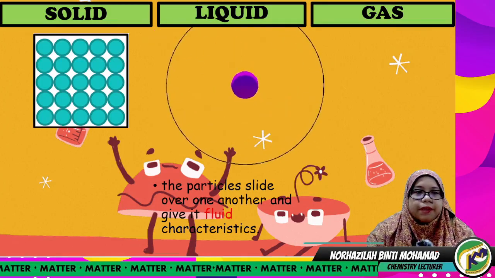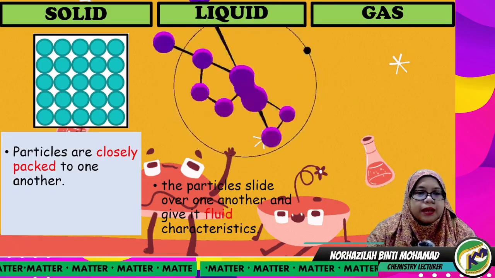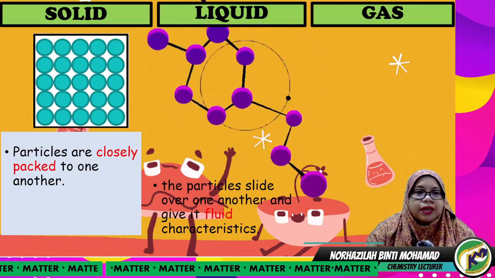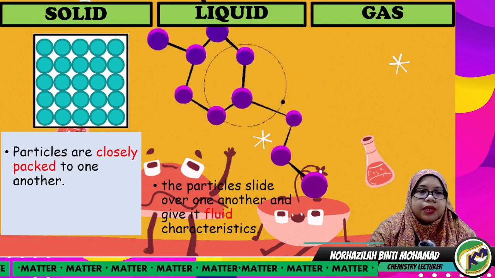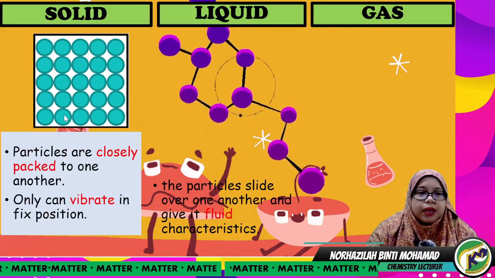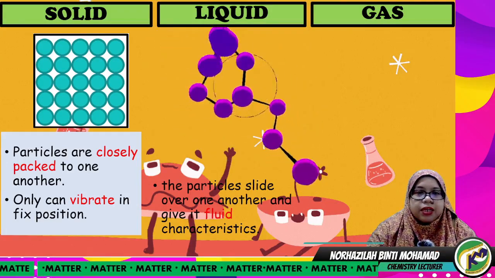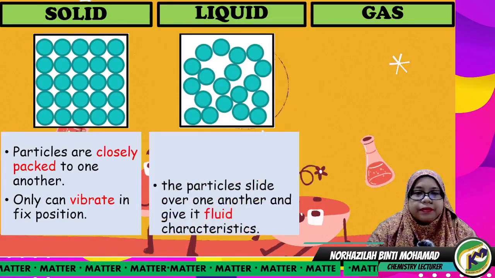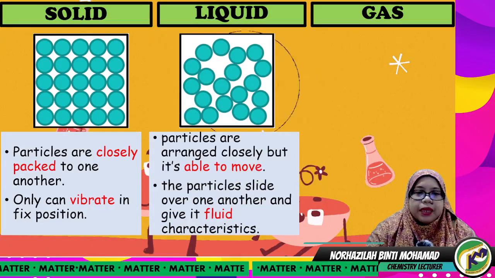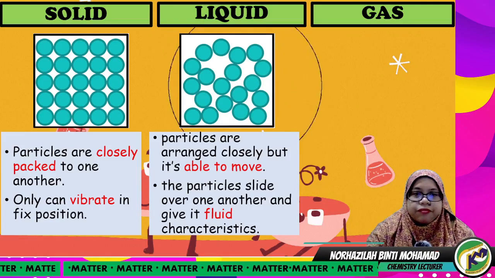Now we look at the arrangement of solid particles, liquid particles, and gas. For solid particles, what we see here is that the particles are closely packed to one another, and can only vibrate in fixed positions. But for liquid, the particles are arranged closely, but they are able to move.